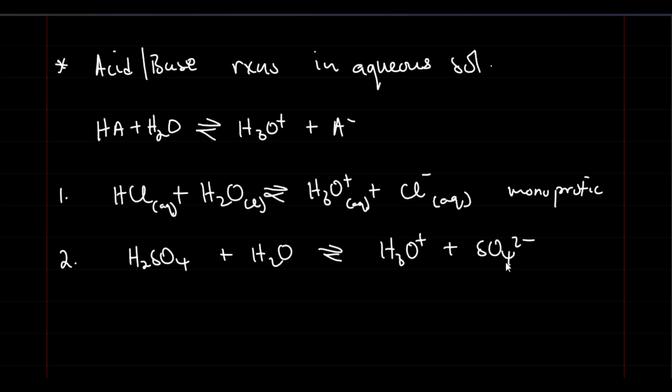So if it donates two protons, those two protons must be accepted by water molecules, right? But one water molecule cannot accept two protons at the same time. So we are going to need two molecules of water so that each can accept one proton of hydrogen.